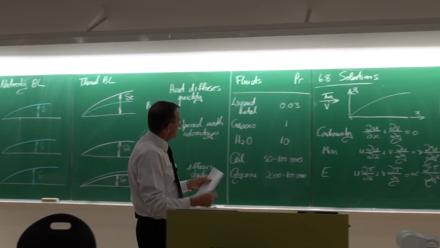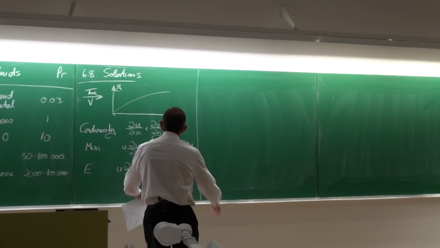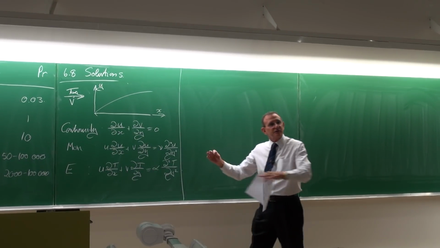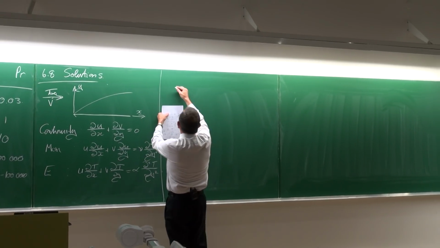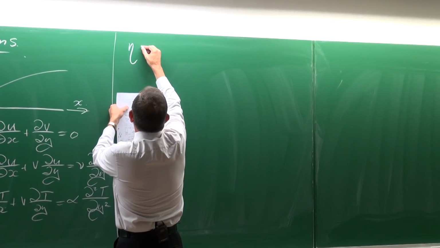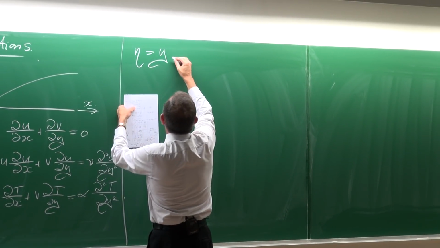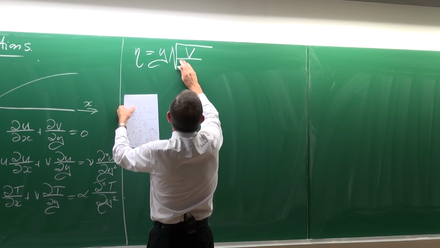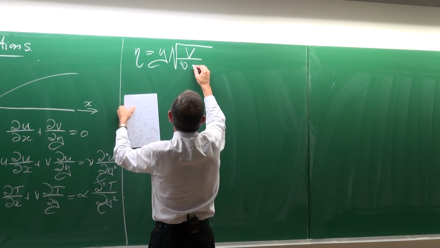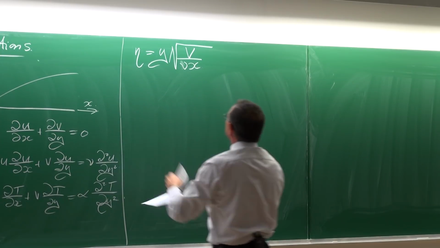After he looked at this equation many times and tried many different approaches, he decided to define a value of eta, which is equal to y multiplied by the square root of v divided by the kinematic viscosity times x.